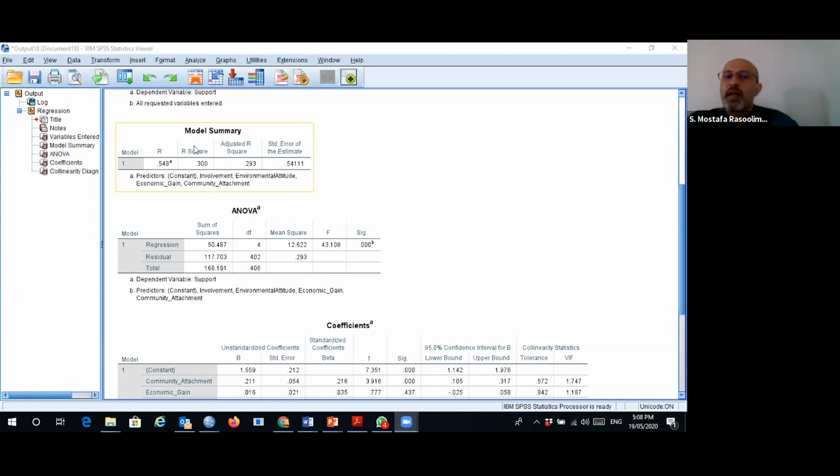Actually, some studies, when they want to interpret R square, consider R square as a model fit or predictive capability of our framework. It means when R square is high, your independent variables, you include many related independent variables in your framework. So because of that, your R square is high.